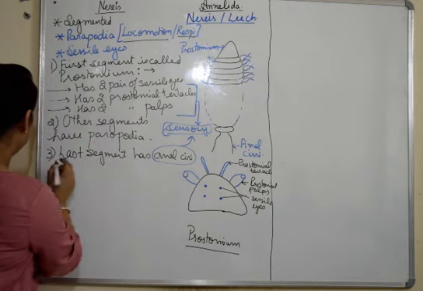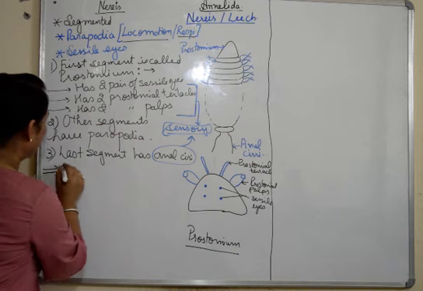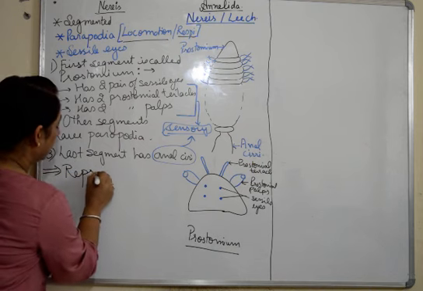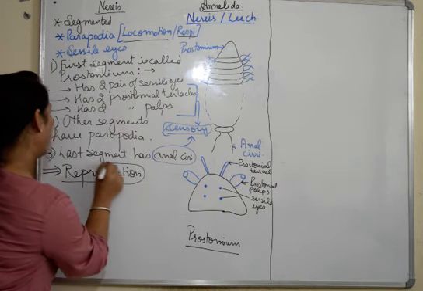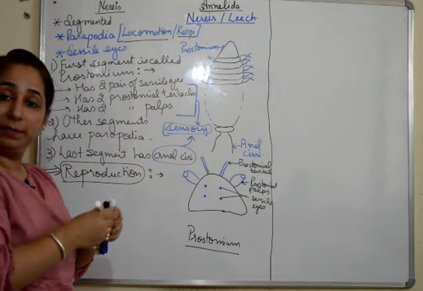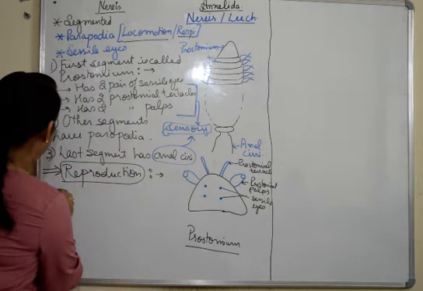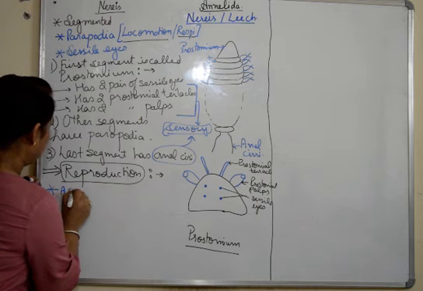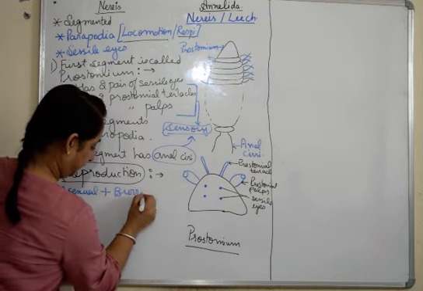We have certain important characters related to reproduction in Nereis. So we'll talk about it. Listen very carefully. In a general state, when it's generally present, it is asexual plus it is burrowing. Fine.